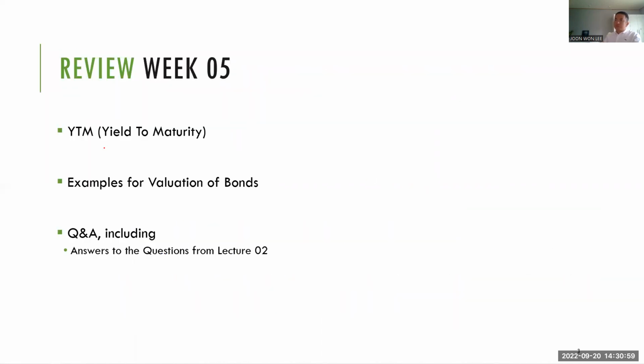Okay, first of all, yield to maturity. As the terminology says, this is the return, yield or return, right? Simply speaking, return to maturity. As you know, a bond has a fixed life, a fixed investment period, right? 1 month, 2 months, 10 years, 20 years, 30 years, right?